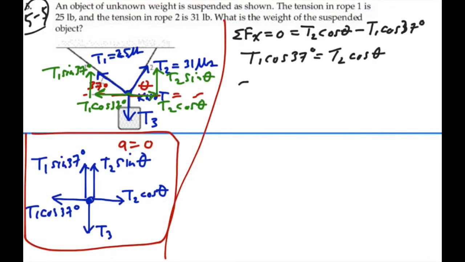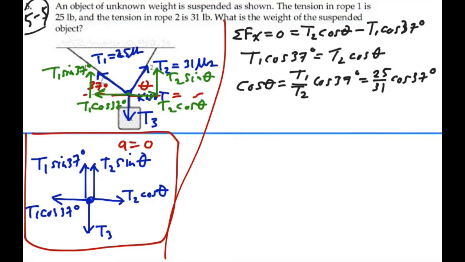Or I could say that the cosine of theta is equal to tension 1 divided by tension 2 times cosine 37 degrees. That's equal to 25 pounds divided by 31 pounds times the cosine of 37 degrees. Pounds cancel out, and so 25 divided by 31 times the cosine of 37 is 0.644.